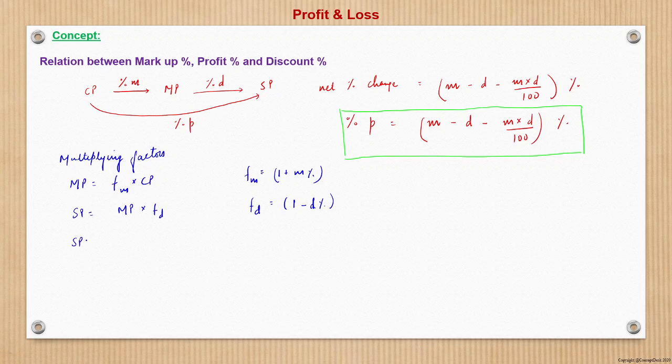And then the third is the relationship between CP and SP. So we can say that SP is nothing but the multiplying factor of profit into CP, where FP is 1 plus profit percentage.